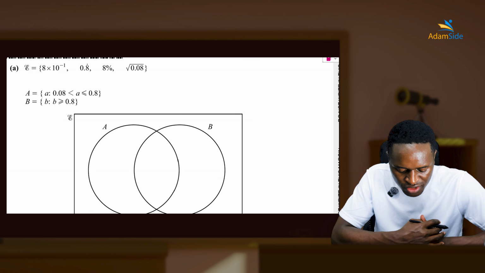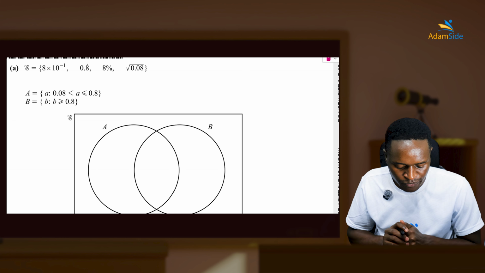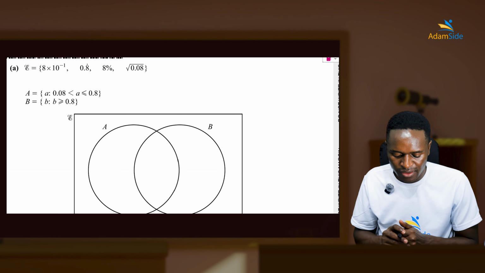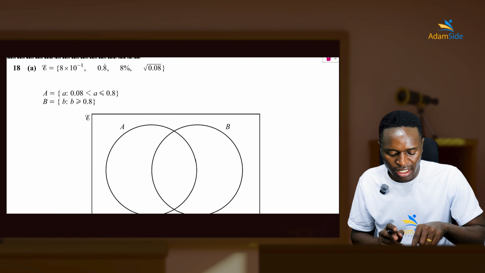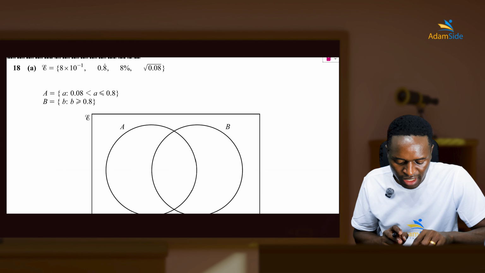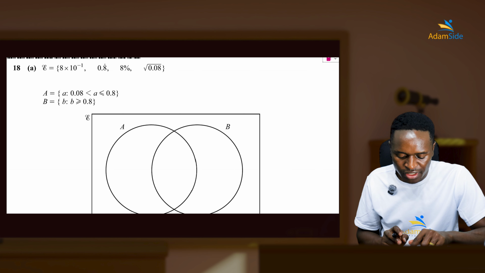So the universal set has 8 times 10 to the power negative 1, 0.8 recurring, 8%, square root 0.08. And then we have these ones. Set A is 0.08 less than A, and A is less than or equal to 0.8. And then set B is greater than 0.8.